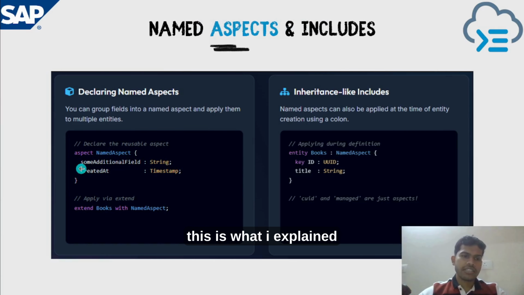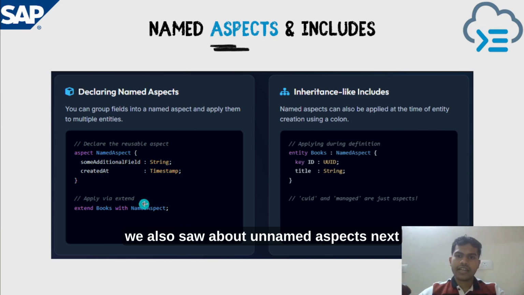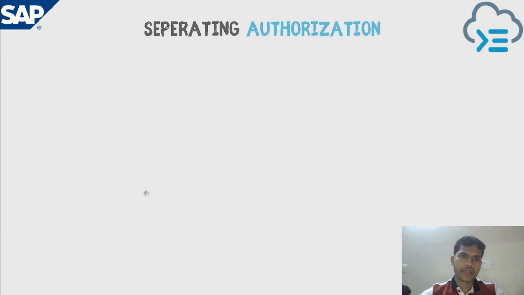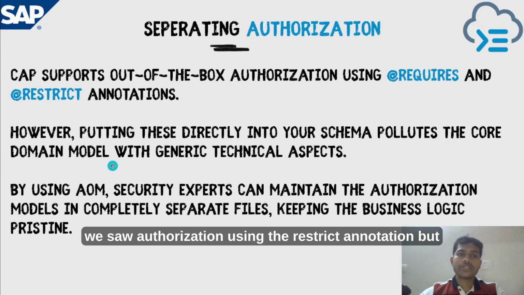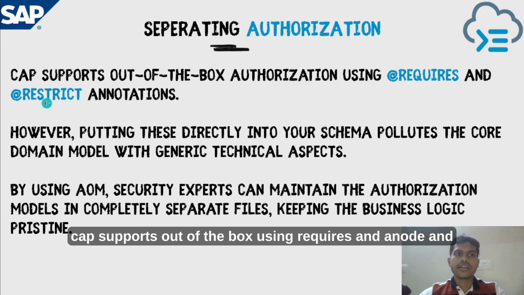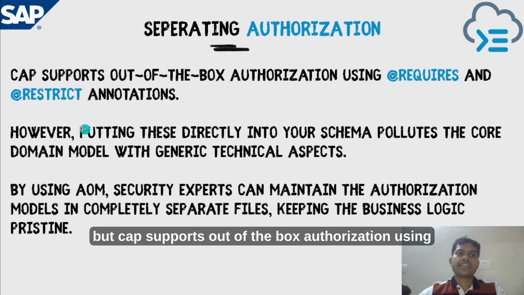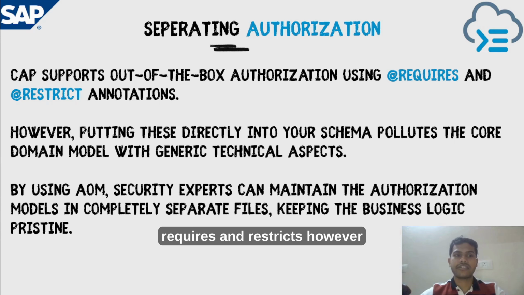So this is what I explained to you about our named aspects, and we also saw unnamed aspects. Next, we saw authorization using the restrict annotation, but CAP supports out of the box authorization using requires and restrict.